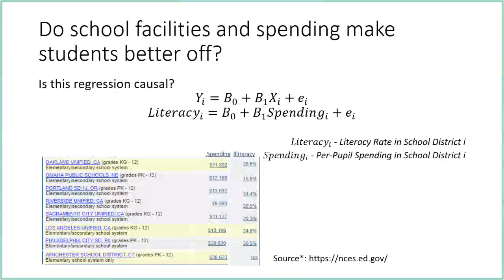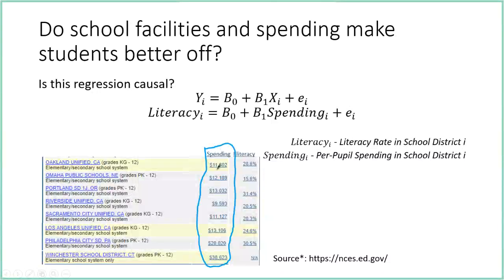And so you could imagine that the spending rate correlates with the literacy or the illiteracy rate, as it may be, in these different school districts. So if you ran just this regression using these data, you could collect this for all the school districts in California or something like that.